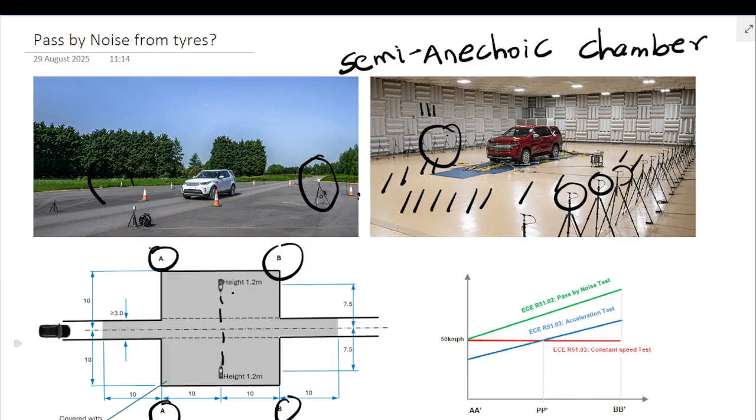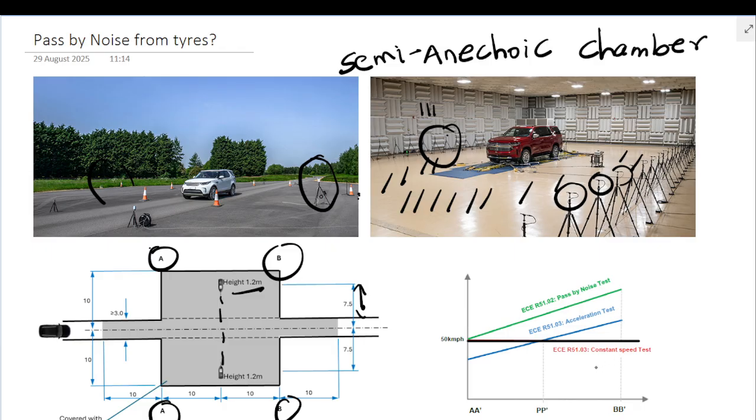Microphones are typically kept at a height of 1.2 meters, and they are spaced 7.5 meters apart. Your vehicle passes at 50 kmph and then leaves the BB dash line at 50 kmph. So this is called a constant speed test.